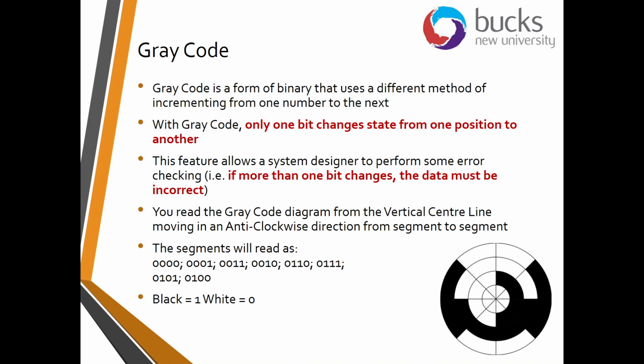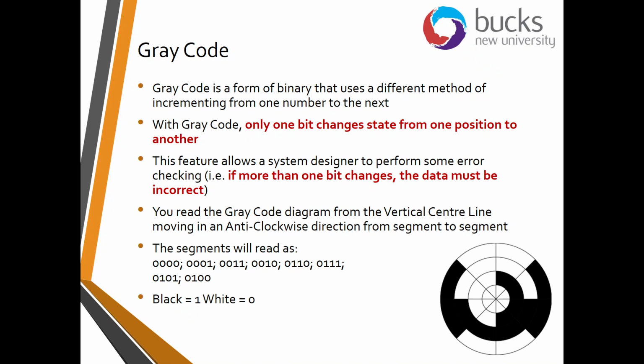And the segments, as you move round, are read from the center, sort of moving out. So we have 0, 0, 0. So white is 0, and black is 1. So the first segment would be 0, 0, 0, 0. It's all white. The second segment then would be 1, 0, 0, 0, and the third segment would be 1, 1, 0, 0, and then we would go to 0, 1, 0, 0, and you can see that.